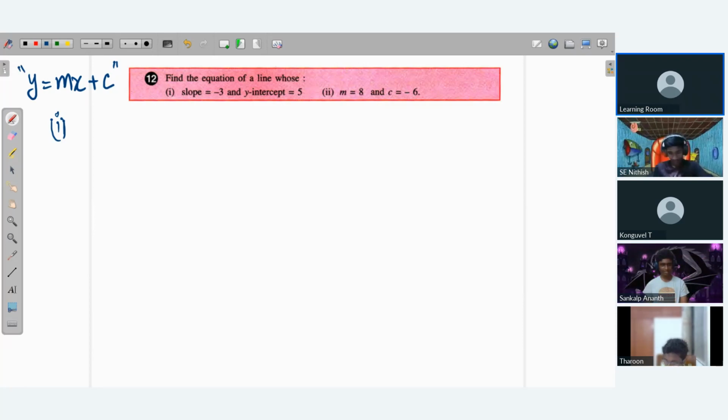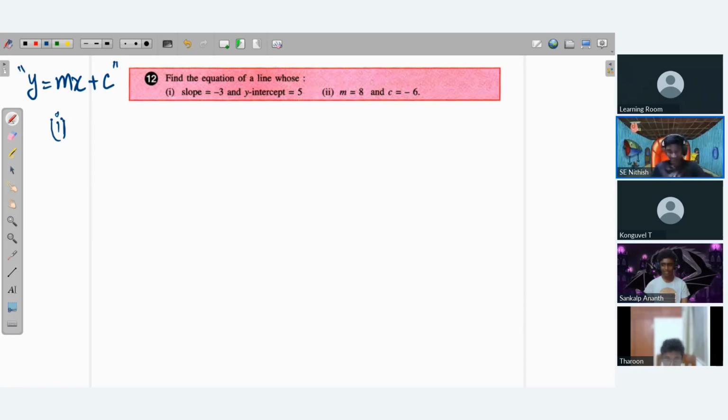The standard form is ax plus by minus constant. Play around, move variables, multiply, divide, whatever you want. It's just minus 3 and 5.